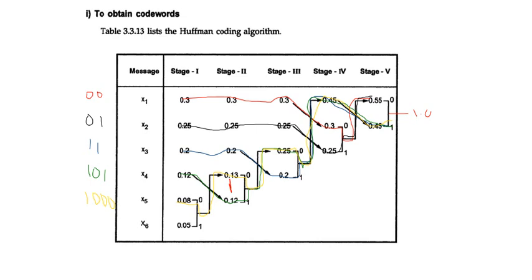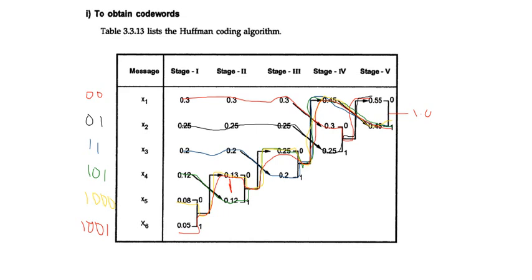And finally x6 will be 1 0 0 1. So 1 0 0 and finally 1. So 1 0 0 1 is the code word corresponding to the x6 symbol.